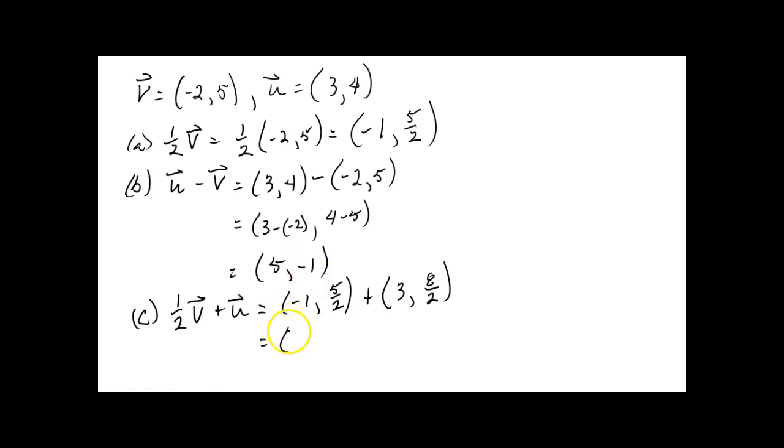You want me to write them out, or are you okay adding them in your head? Negative 1 plus 3. Yep. So it's 2, comma, 5/2 plus 8/2, 13 halves. Okay, now that's one way to write it, and I think that's probably how they do too.